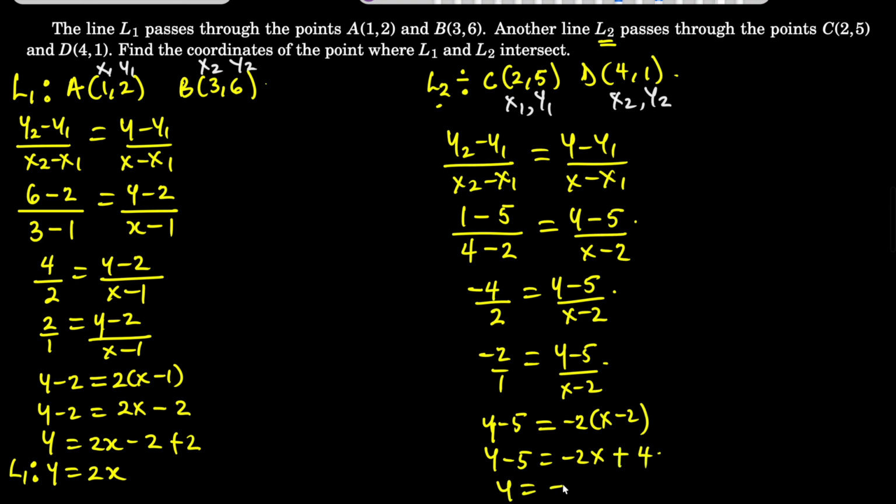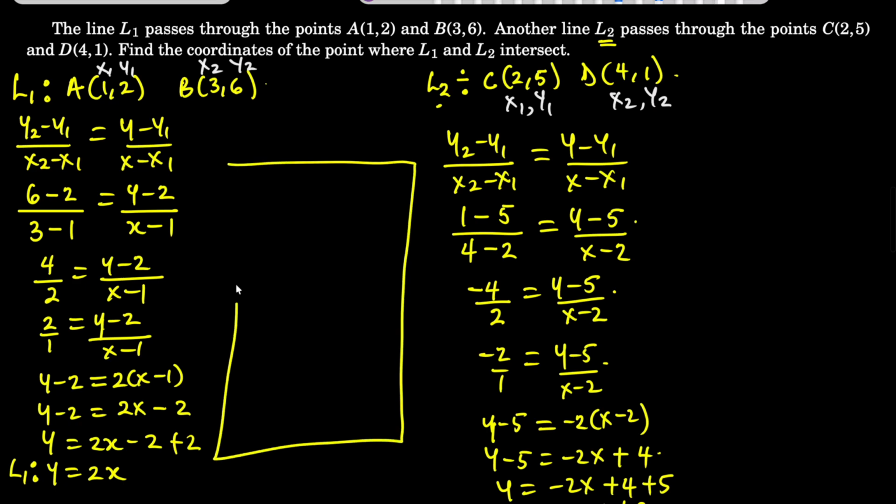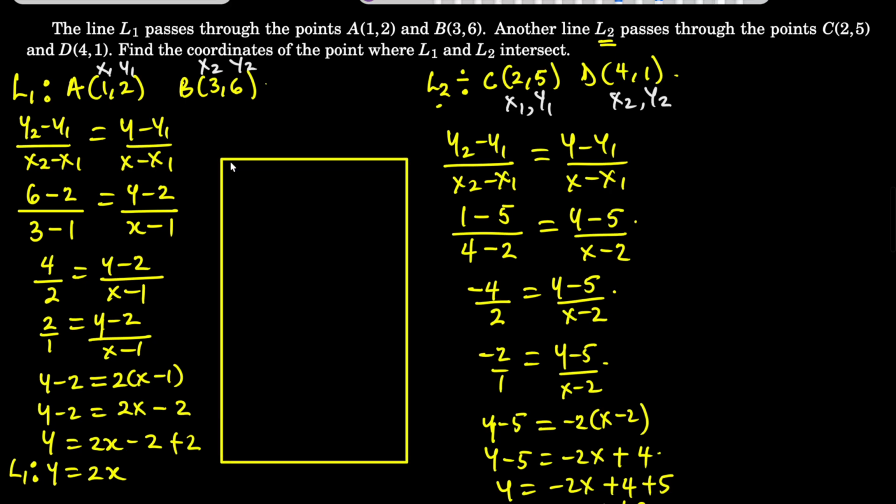So y equals minus 2x plus 4 plus 5. So y equals minus 2x plus 9. Now we can conveniently say that we have an equation 1 and equation 2. This is your equation 1, which is line L1, and this is for L2. This becomes your equation 2.